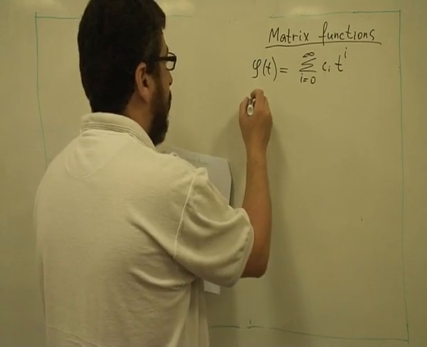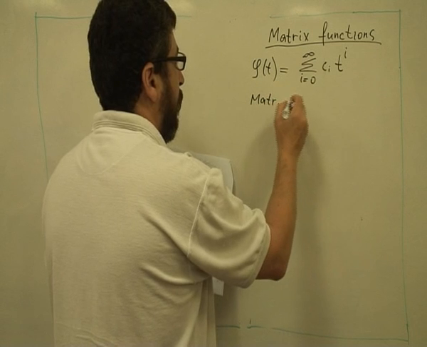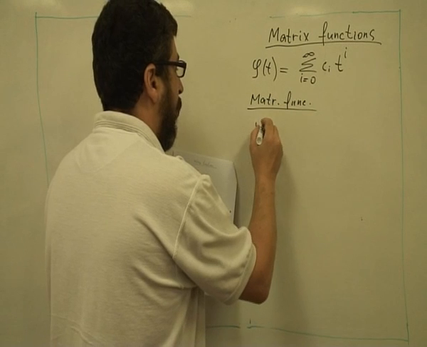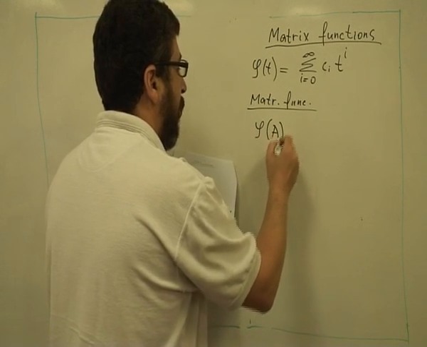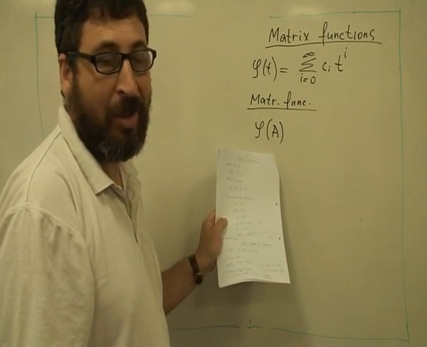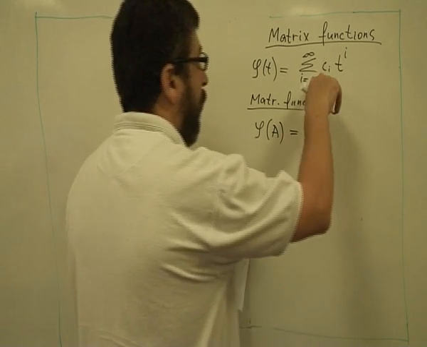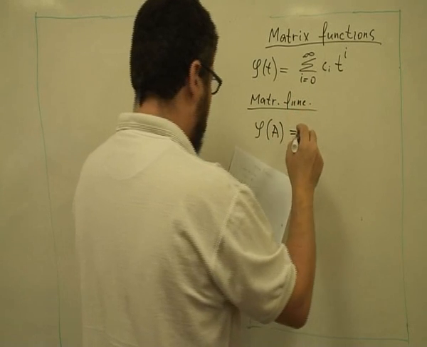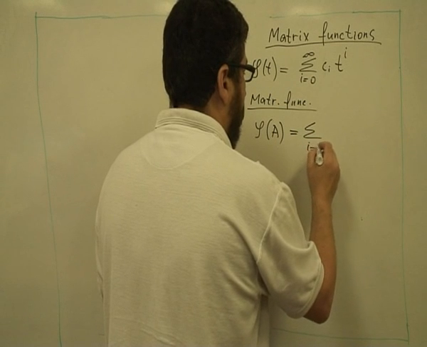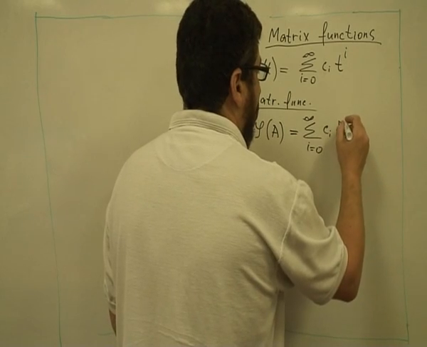Then we will define a matrix function phi of matrix A, which should be a square matrix, just as the same polynomial of the matrix A: sum over i from 0 to infinity, c_i A to the power i.